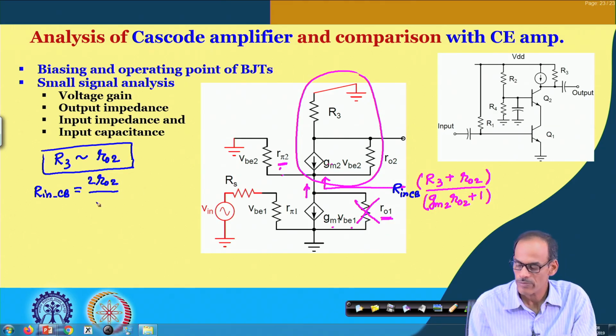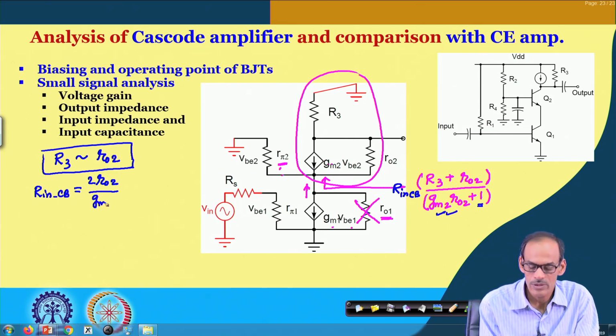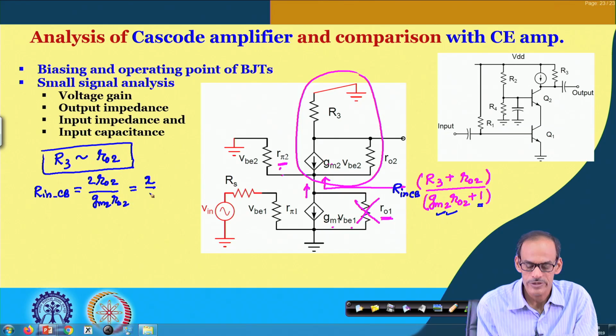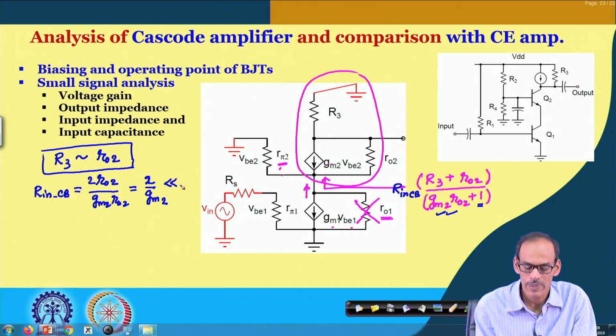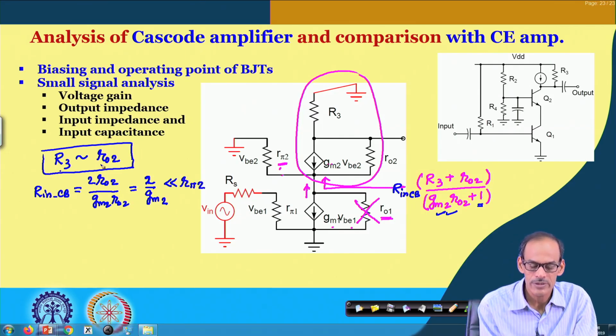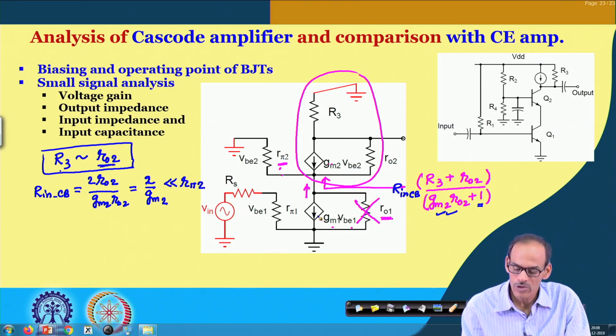In the denominator we may ignore this 1 and retain only g m2 r o2. So this becomes 2 by g m2, and we know that this is much smaller than r pi 2. As long as R3 is in this order, we can say that the major part of the signal enters into this device, and then we will see what it does with it.